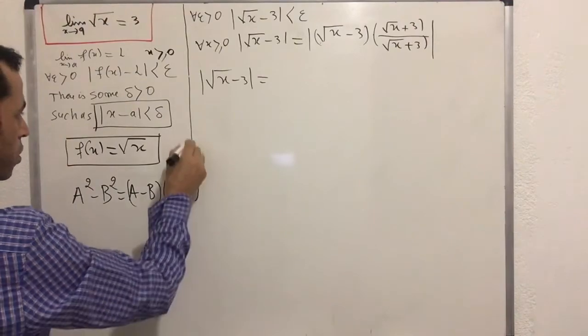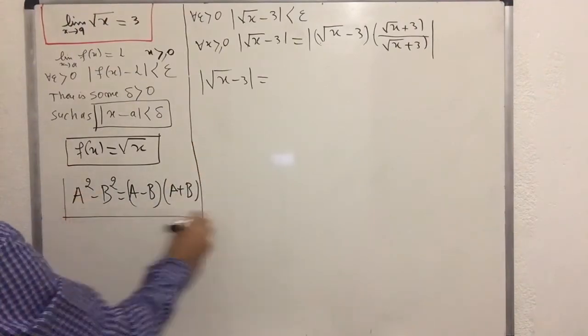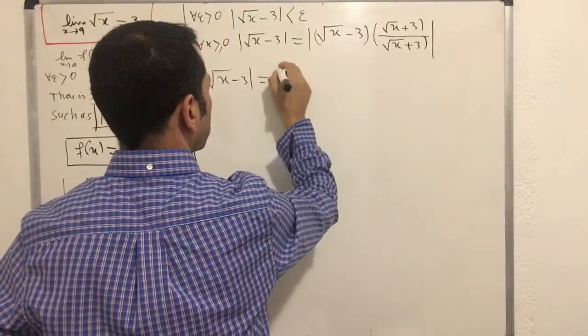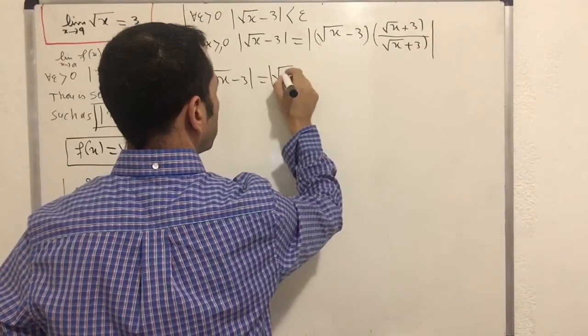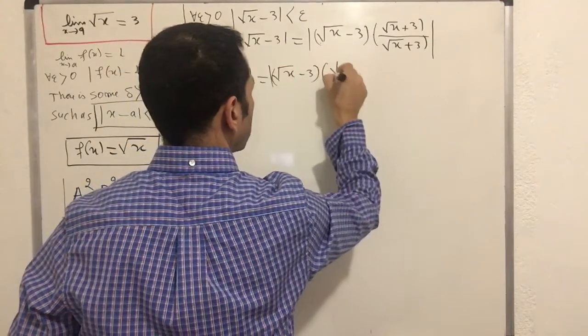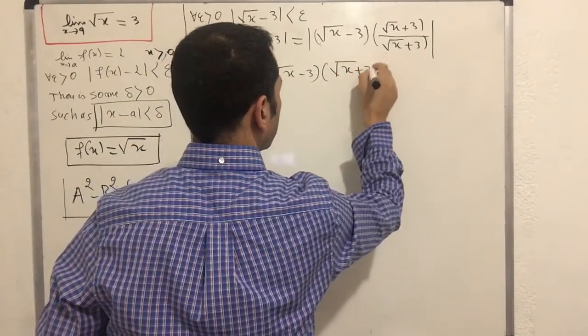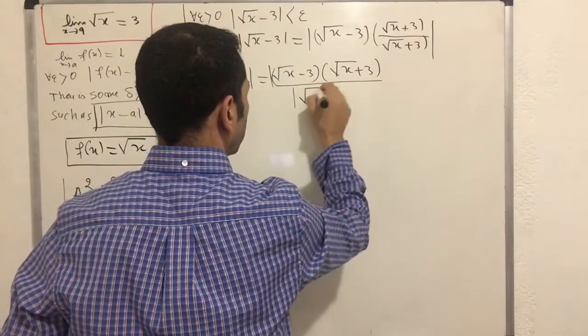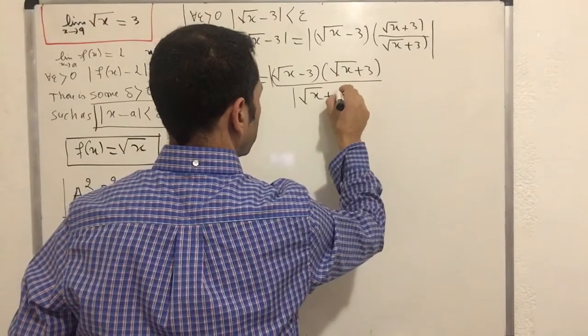So this gives us the square root of x plus 3 over the absolute value of the square root of x plus 3.